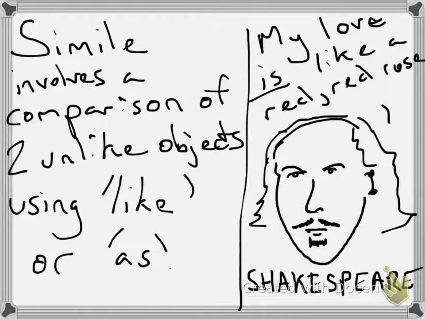So my love is like a red, red rose. So Shakespeare over here is describing what his love is. And it helps you understand. You use this a lot when you're trying to figure out context clues to understand what a word means. You look for the simile or metaphor that they use within the sentence. Now this is a figure of speech used to convey thoughts, explaining what something is or how deep they feel something. It's usually involved with emotions when you are dealing with poetry.